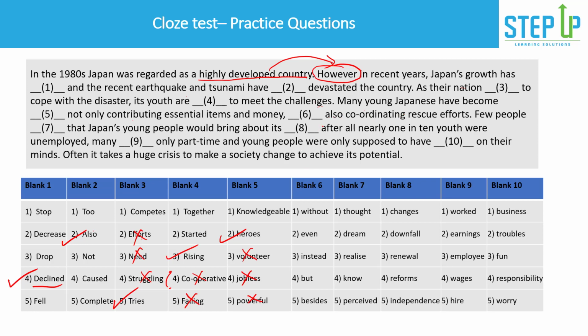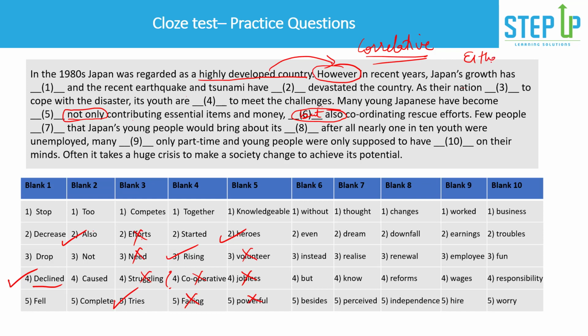So they're not only contributing essential items and money, and now not only this but also, right? So now see, not only contributing this but also contributing this. Now this is a case of correlative conjunctions, right? Like how you know some words always go together.